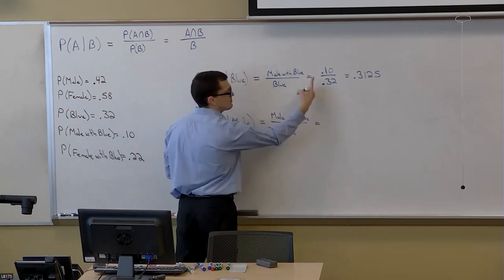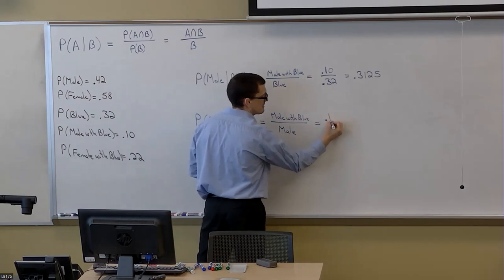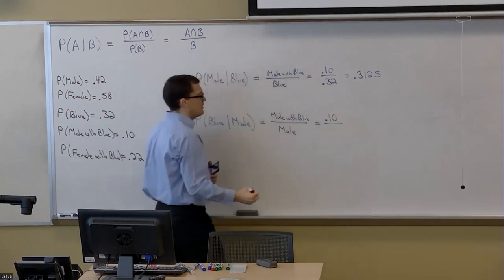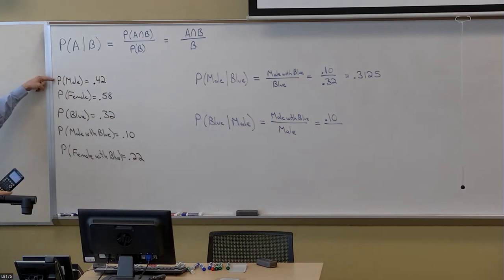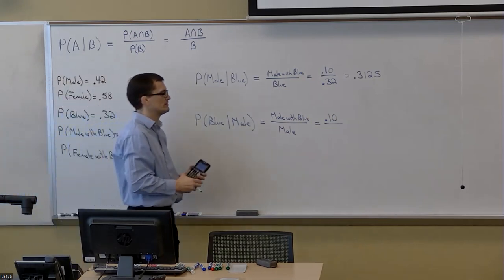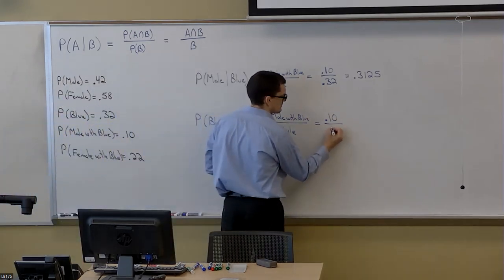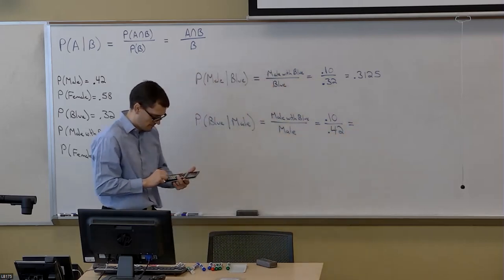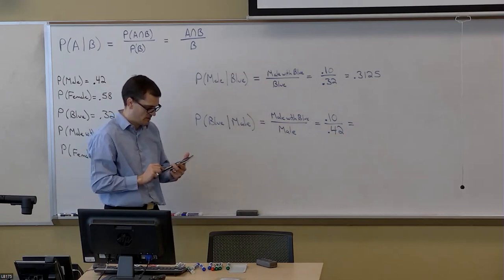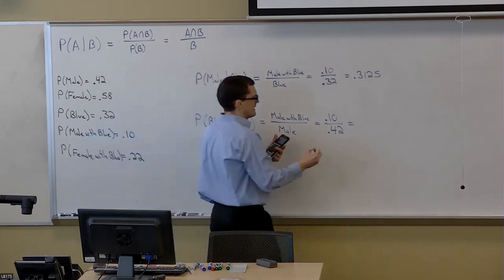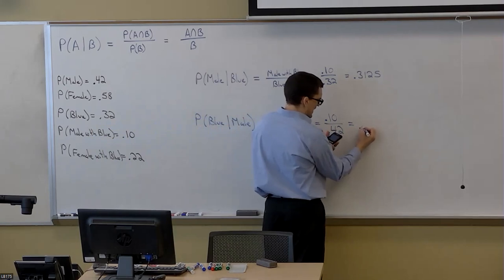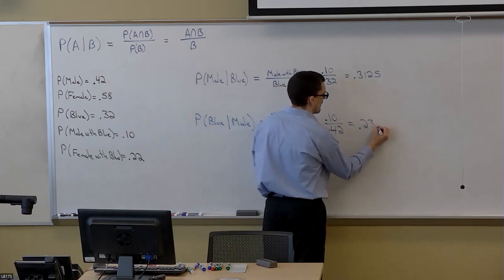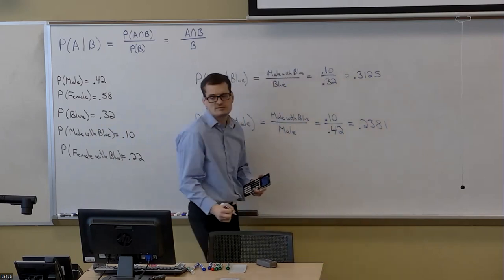Notice you get the same numerator in both cases of 0.10. But now, since you're picking the male, you're picking from the male group, the denominator is now 0.42. I ended up getting about 0.2381 when I rounded to 4 decimal places.